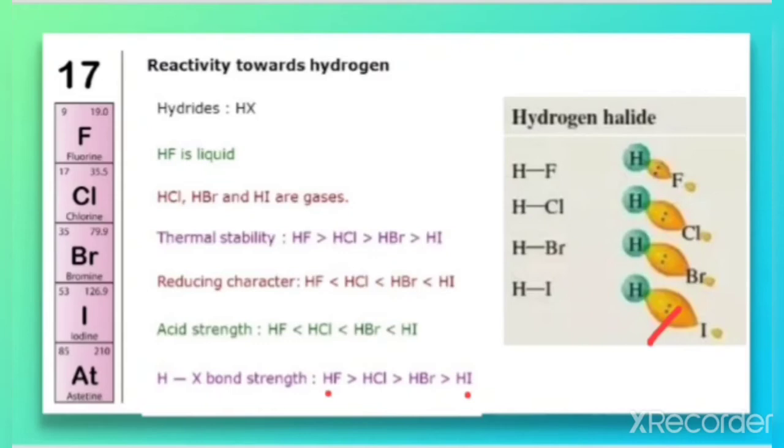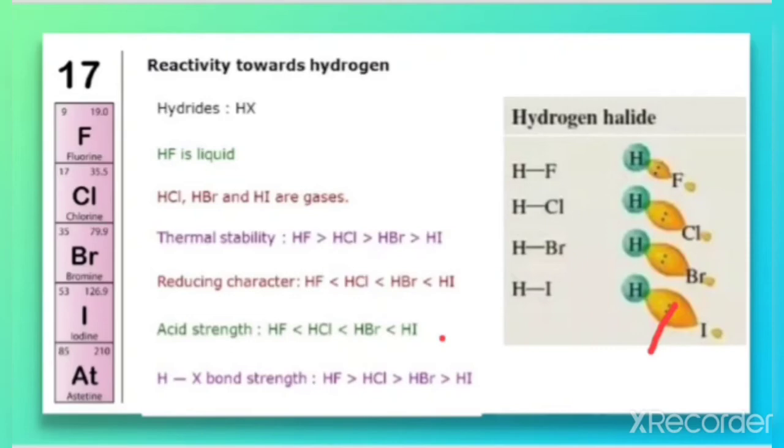What about the acidic character? Acidic character depends upon which compound gives a proton easily. When you compare, the bond length is greater, so it is easy to break, so it gives H plus very easily. Which one will be the strongest acid here? HI will be the strongest acid.